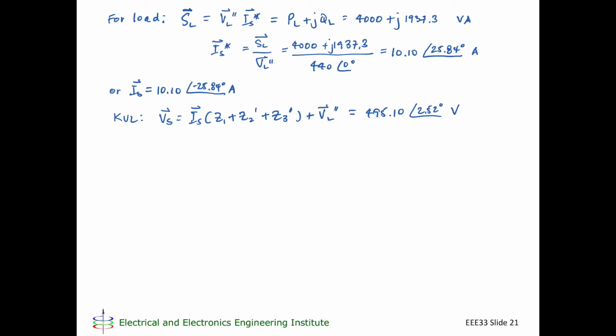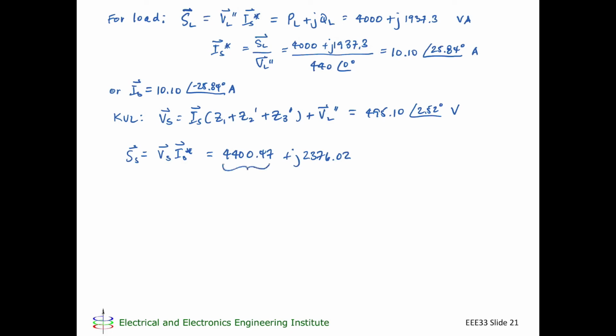And the complex power will follow what we did in the first approach. SS is equal to Vs multiplied by Is conjugate. This is going to give me 4,400.47 plus j 2376.02.